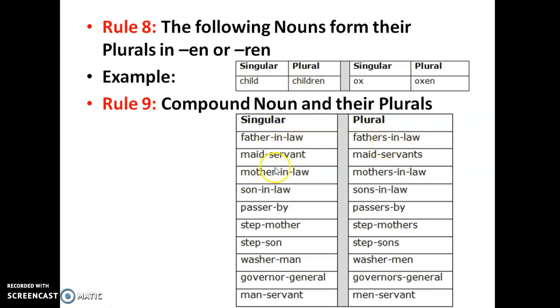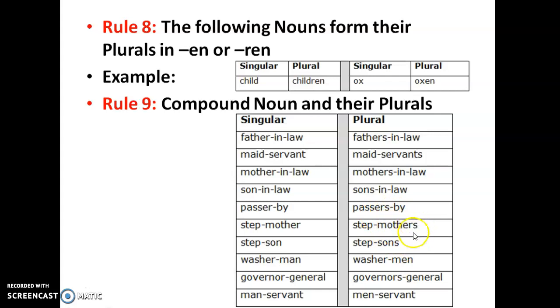Maid servant. Here the S comes after servant. Mother-in-law, mothers-in-law. After mother, S should come. Sons-in-law. Here also sons. After mother, father, son, you have to put the S. Passer-by, so passers-by. The S should come near the passers.